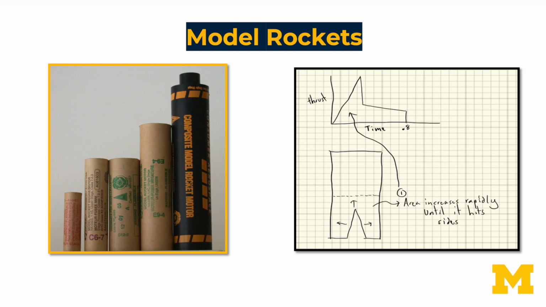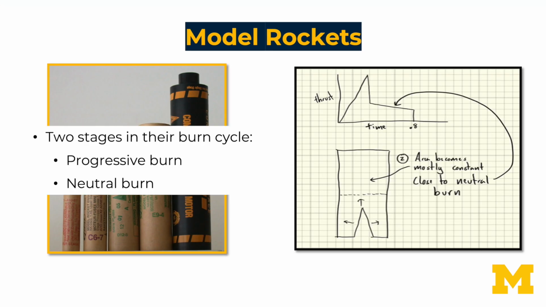But then eventually it reaches the edges and basically the entire top half of the rocket engine just has a flat plate on it and it's just burning straight up. That's what's called a neutral burn, because the amount of grain that's exposed just stays constant with time. It leaps off of the stand, and then it goes into a neutral burn, where you basically have the flat area that's just moving up the engine.